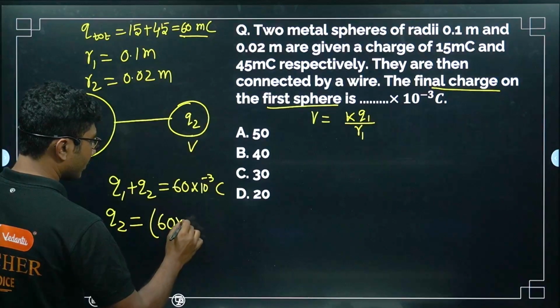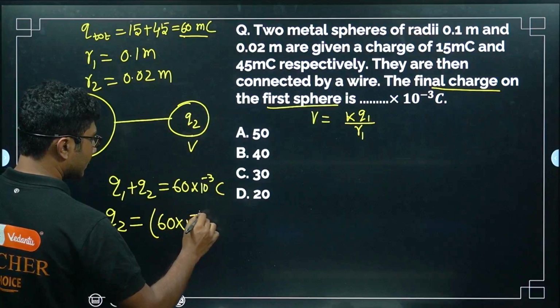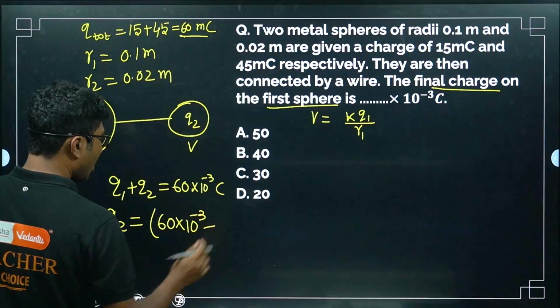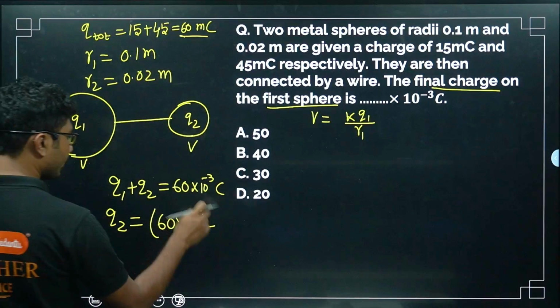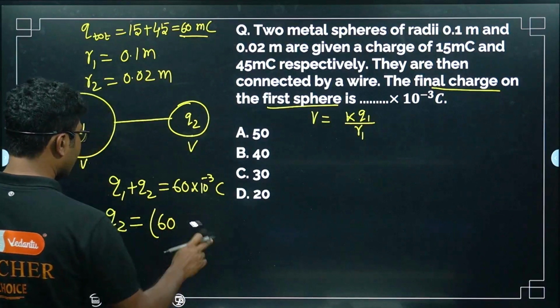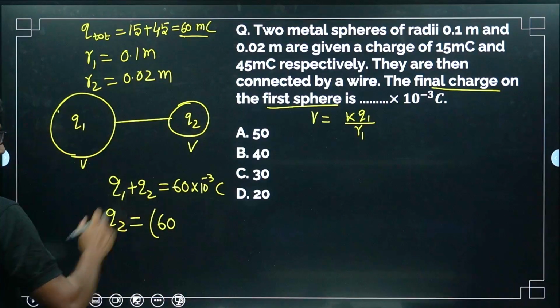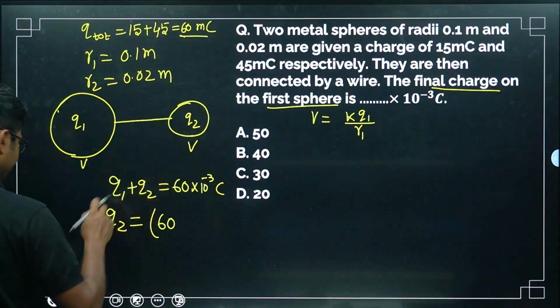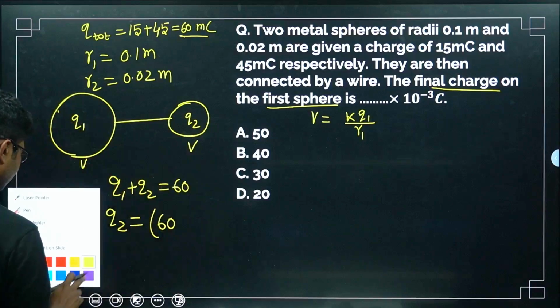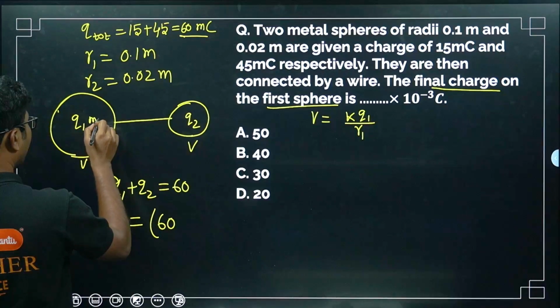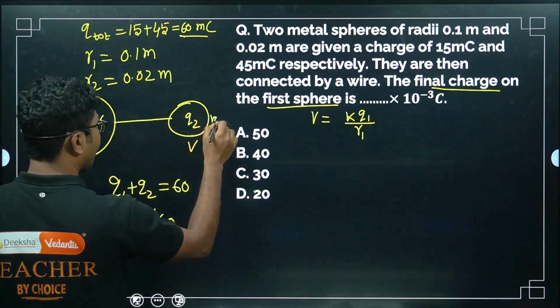Okay, don't make it confusing. What we will do is make Q1 and Q2 also in microcoulomb, so that the factor will cancel.